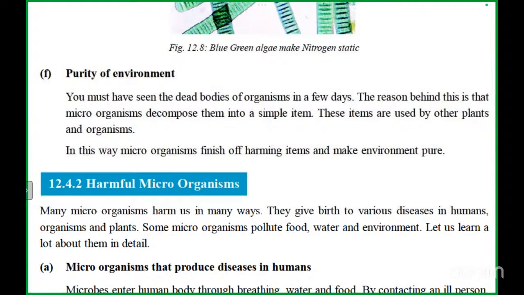This action of microorganisms, breaking down the dead and decaying matter of plants and animals, makes the environment clean. The mixture that is left is used by other plants and organisms, so that helps in making the environment pure.